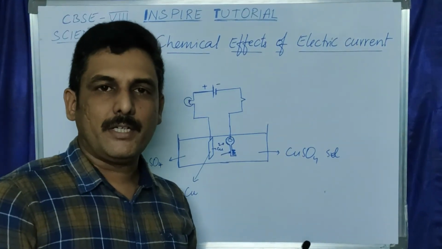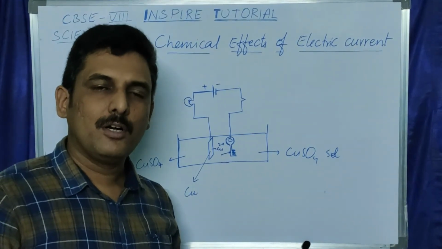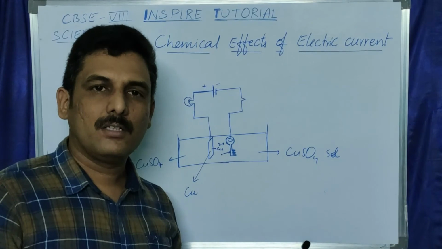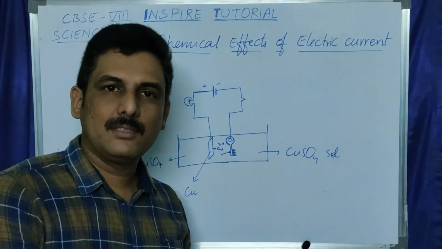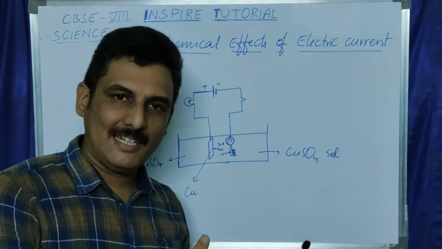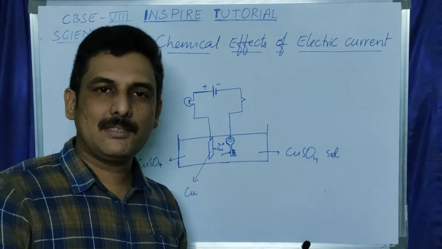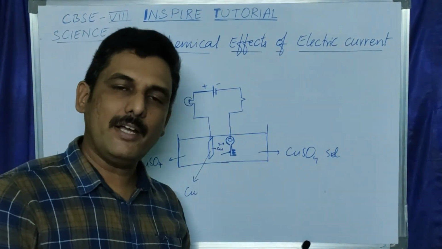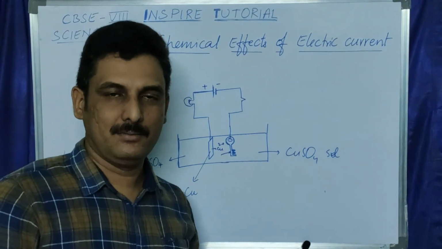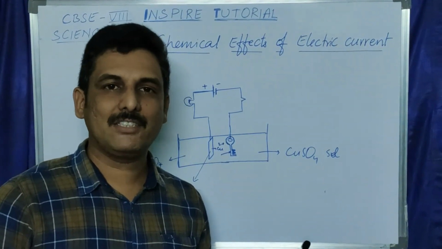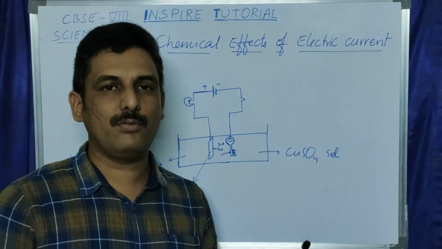Using electroplating, we can coat metals like chromium on articles or things like bath taps, wheel rims or bicycle handles, etc. And we can even coat expensive metals like gold and silver on other metals like iron. These are a few chemical effects of electric current. So this is the topic, the effects of electric current.